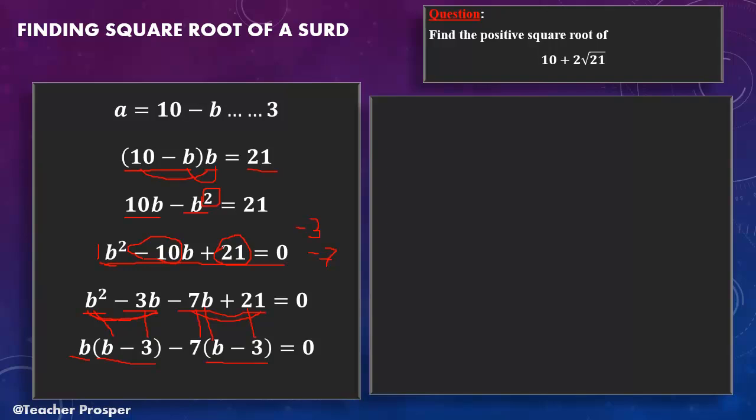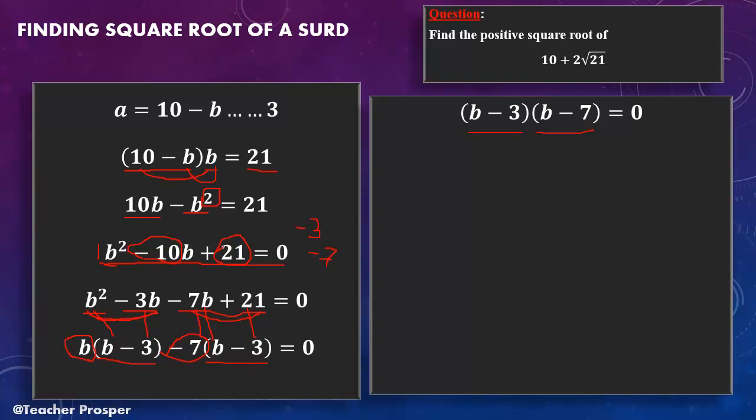So we take one of them as our factor, and then we will combine the b outside here and the negative 7 outside here too, to form another factor. So this brings us to the next step. We have b minus 3 as one factor, then b minus 7 as another factor, equals 0.